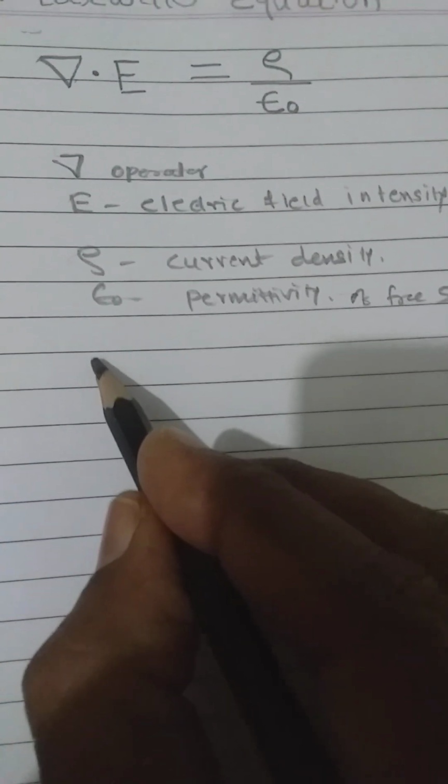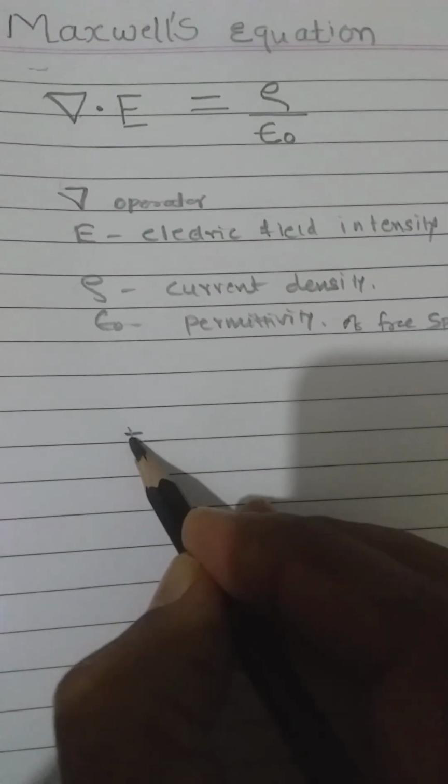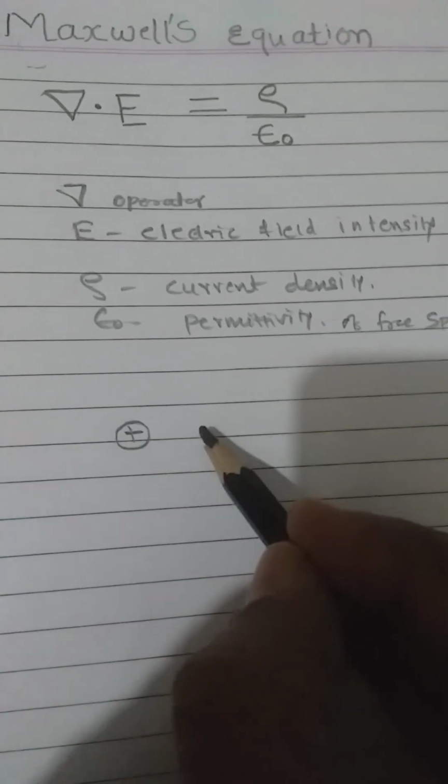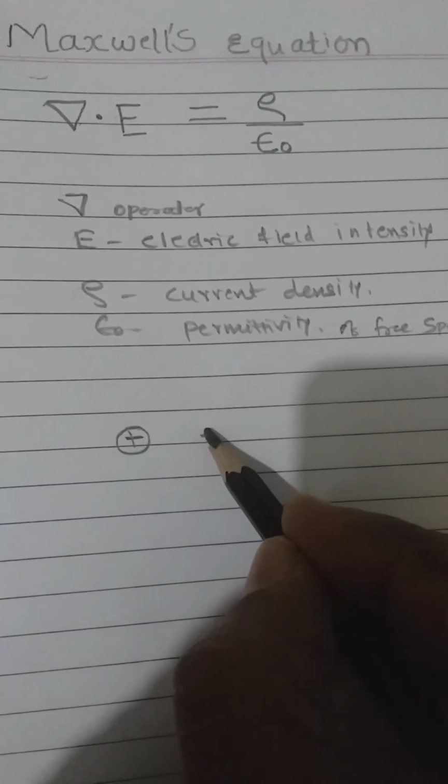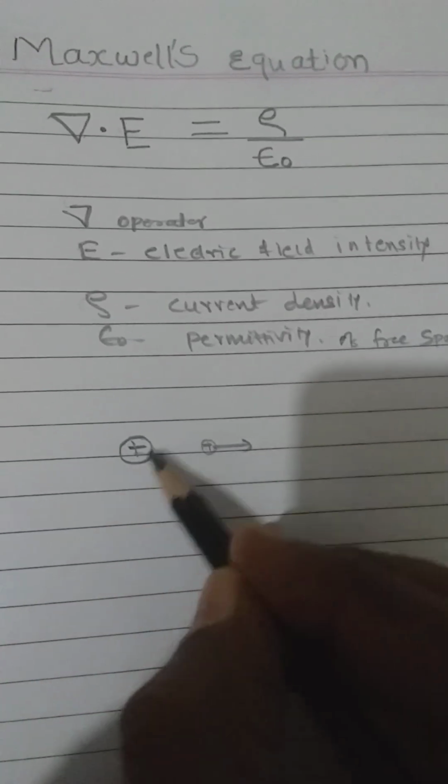what is electric field? What is the vector field? Vector field can be shown like this. If we have positive charge, then another positive charge kept here will repel in this direction.